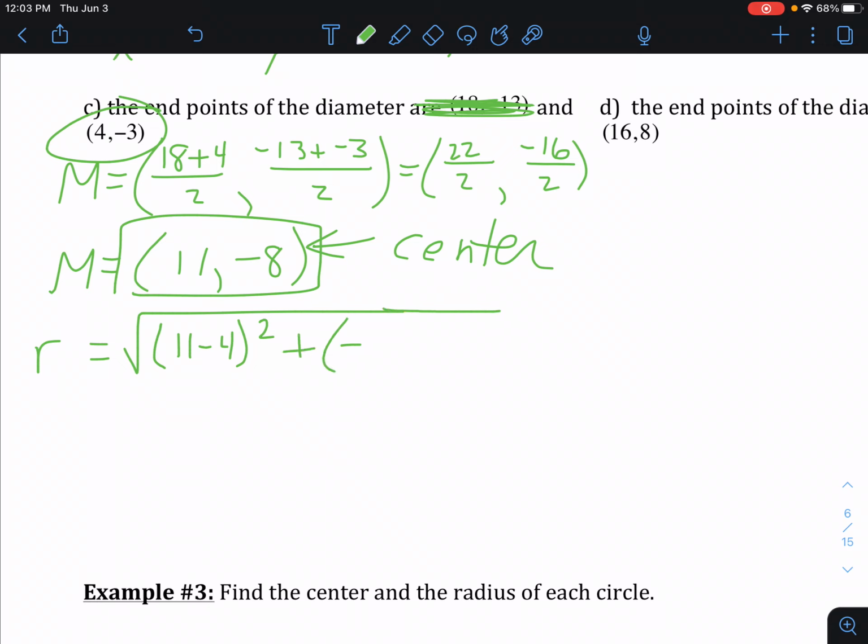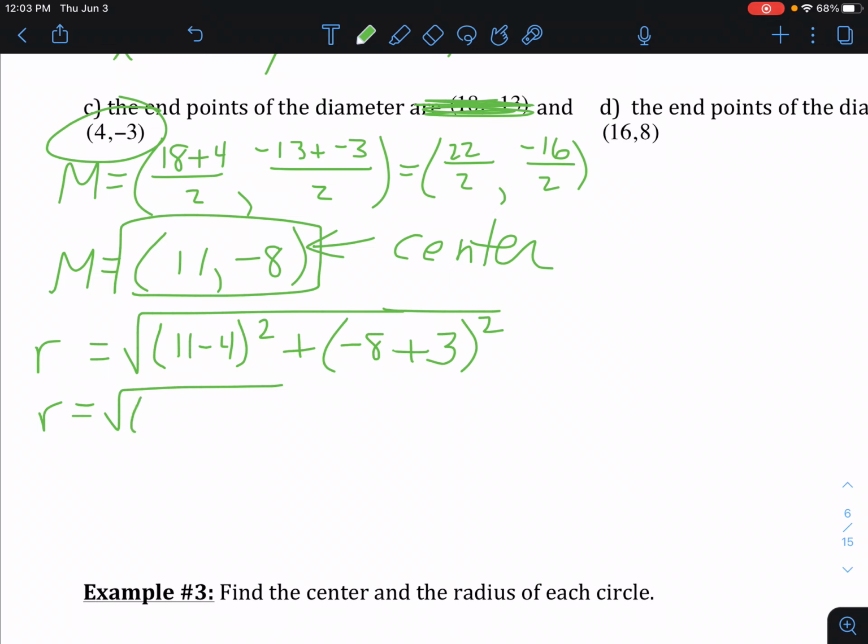And then plus, subtract the y's. Negative 8 minus, not comma, minus negative 3, so that'll be a double negative. Squared. Okay, just double checking. 11 minus 4, negative 8 plus, okay. So now we are going to subtract there.